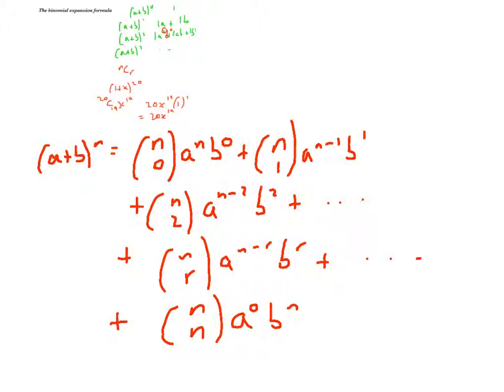Okay? So we know all this. We knew all of this really, but we just didn't put it together formally. So this is the formal binomial expansion formula.